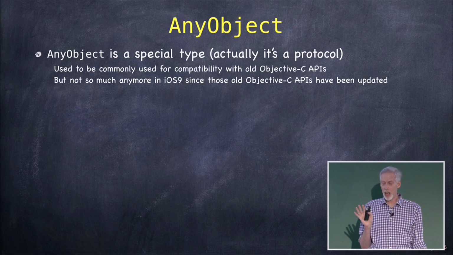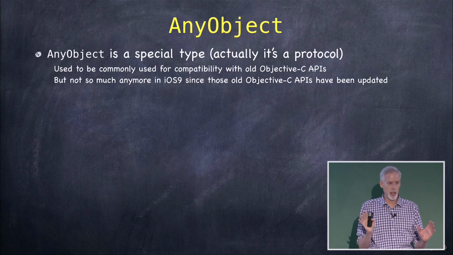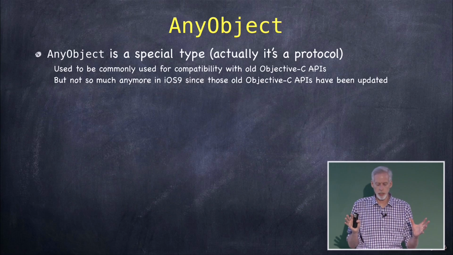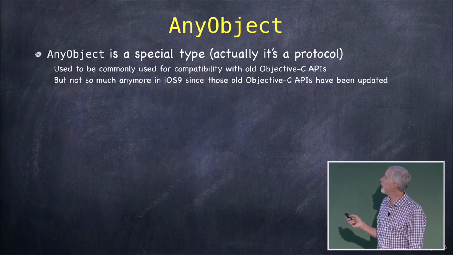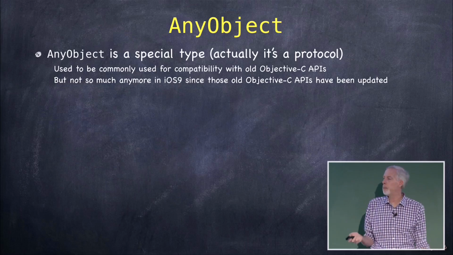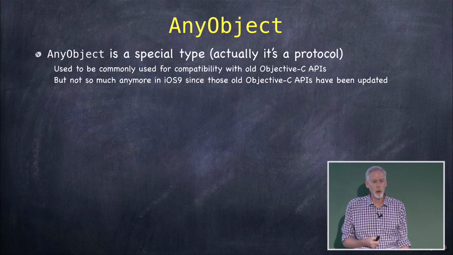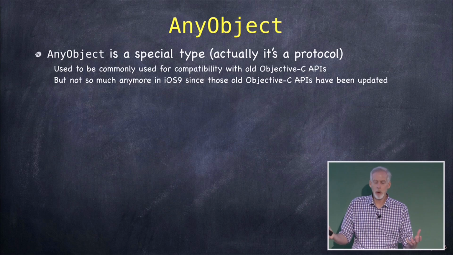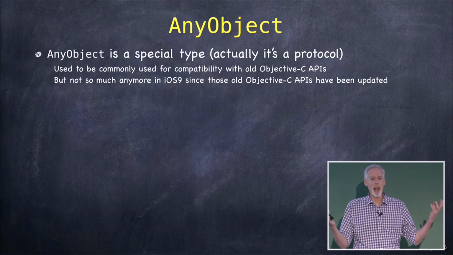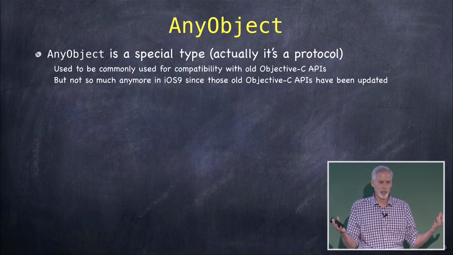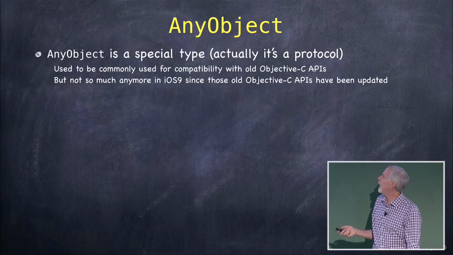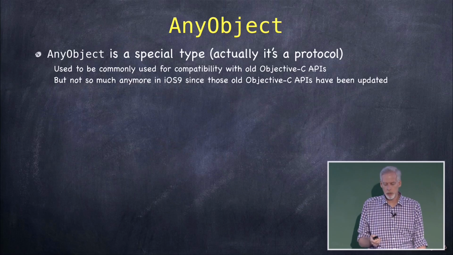Swift doesn't do things that way. Swift is strongly typed. It infers types, but it's strongly typed. However, Swift has to work with all those iOS APIs, so it introduced this type called AnyObject. So AnyObject in Swift means a pointer to an object of unknown class. It only works for objects, for classes, not for structs. So it means the same thing as in Objective-C.